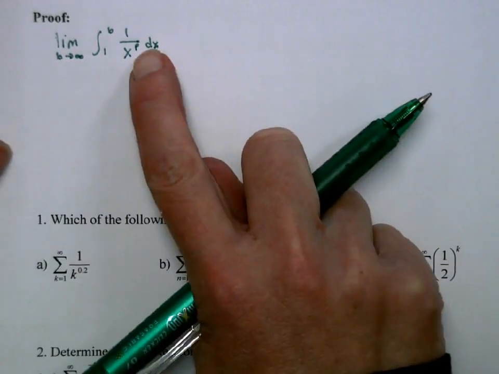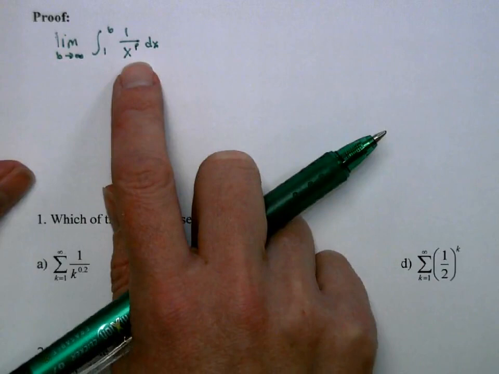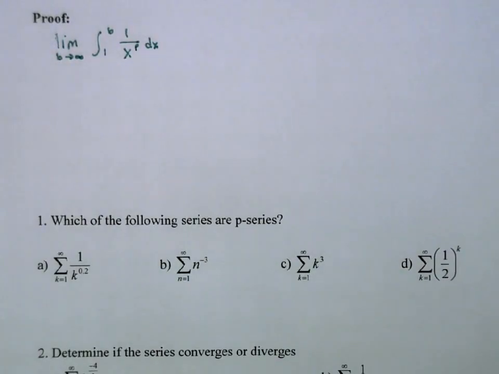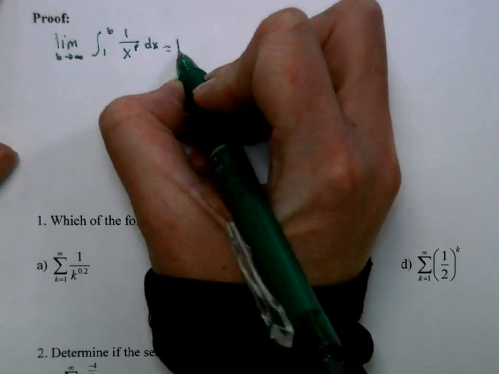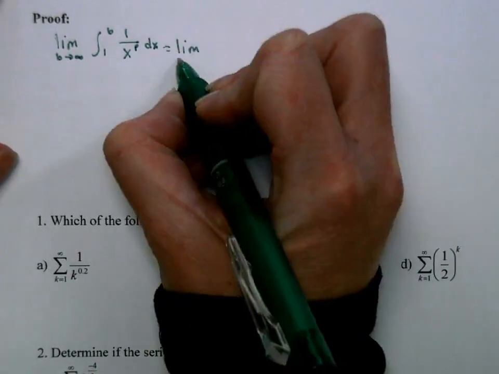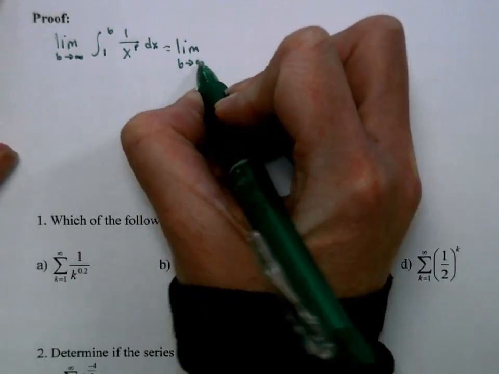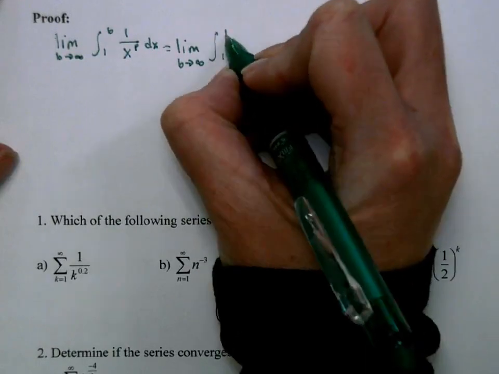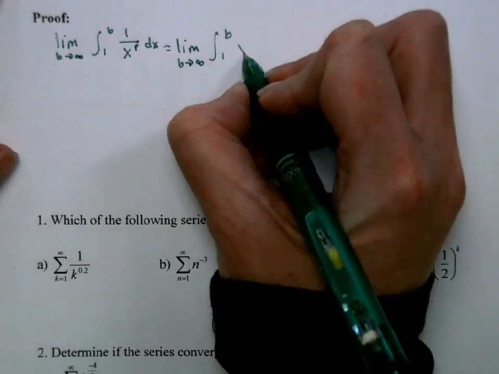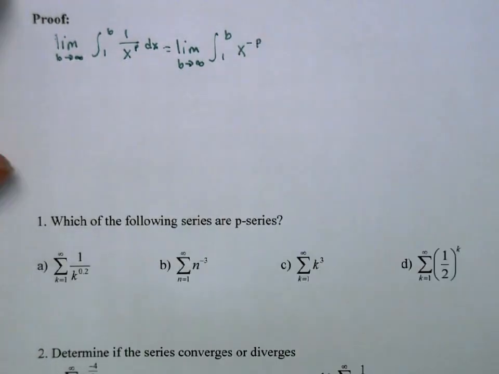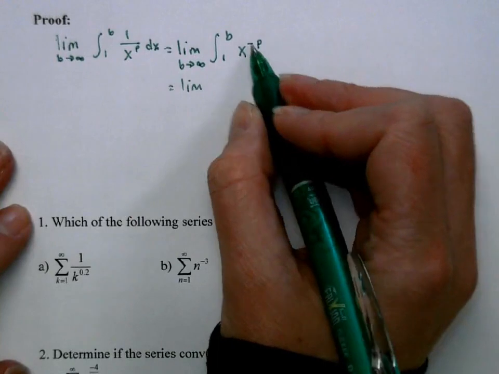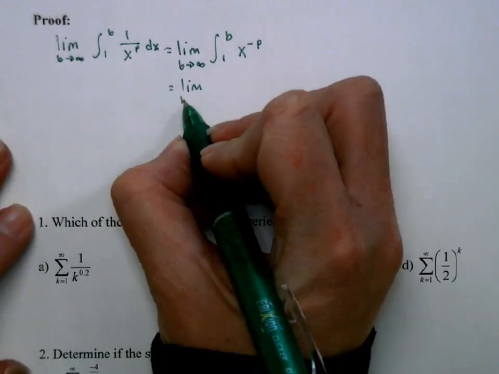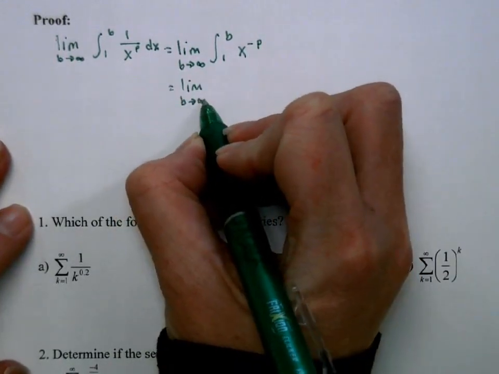If p is 1, then we have the harmonic series, and we've already done that integral test to show harmonic divergence. For any value except for 1, we can use the power rule, which is easier to recognize if I rewrite that x to the p as x to the negative p. Then apply the power rule, which again works for everything except 1.